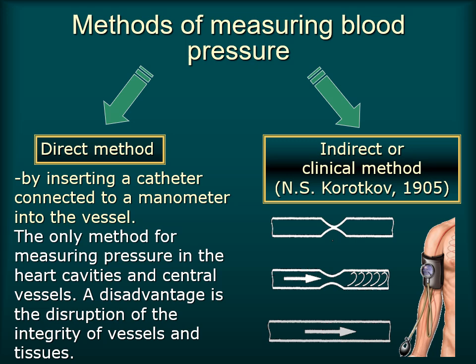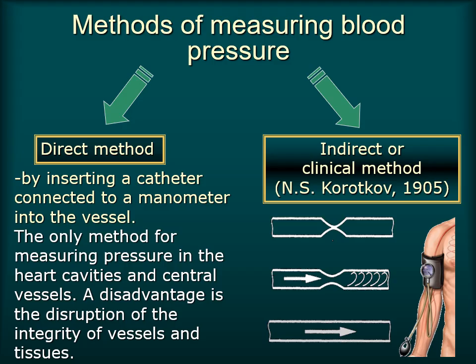Well, the standard pressure measuring device consists of three main parts. This is a cuff, the air pressure in which is considered approximately equal to the pressure in the artery. That's why the method is called indirect. Because in fact, remember the pressure gauge, that is, a pressure measuring device, is connected to the cuff.